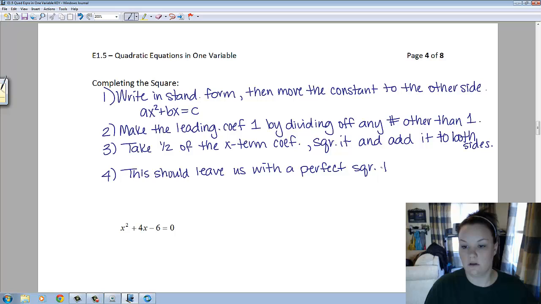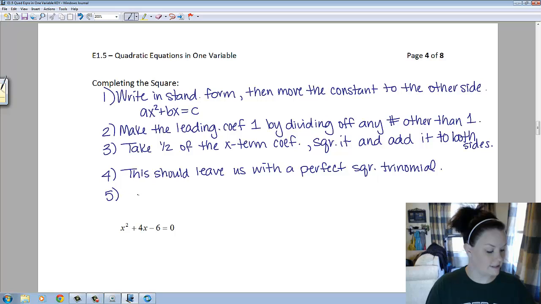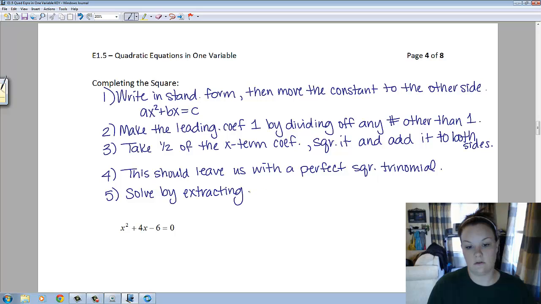So the last thing we do is solve by extracting square roots. Okay, so this is our process. I know it sounds like just a lot but we're going to go ahead and go through it.